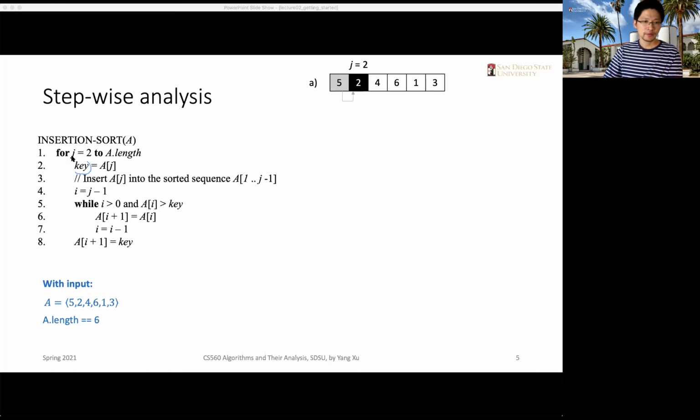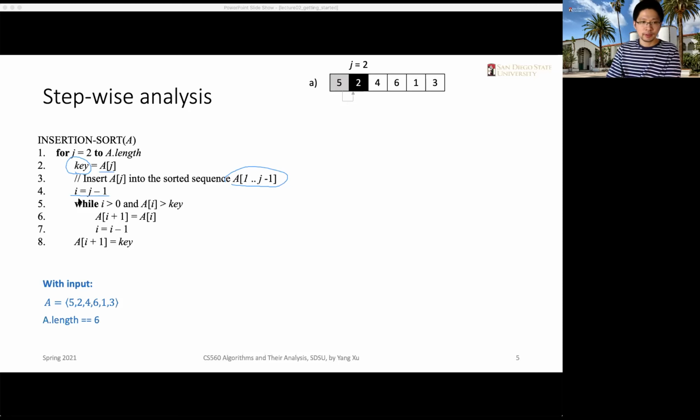So key has the same value as A[j]. Key is something that we need to compare with all the elements before A[j], and we need to insert it into a correct position somewhere before A[j]. So that's why we need to start from a position that is before j, which is j minus 1.